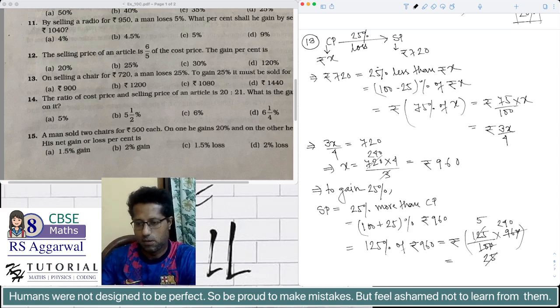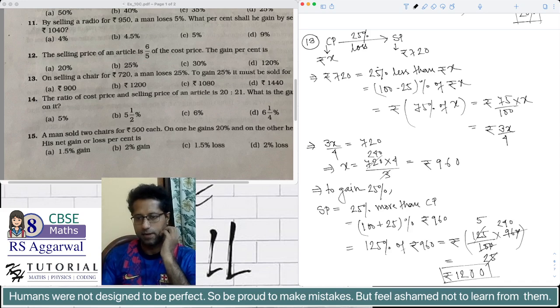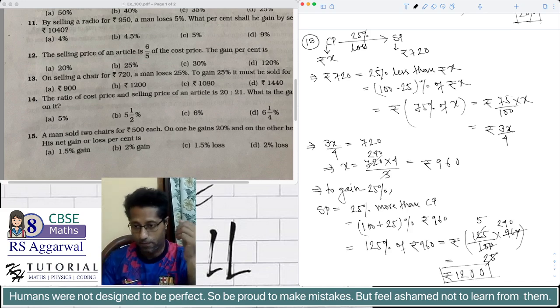So this is 240 times 5, which is 1200. So the selling price has to be 1200 so that it makes a gain of 25%. So the correct choice is B. B is the correct choice.